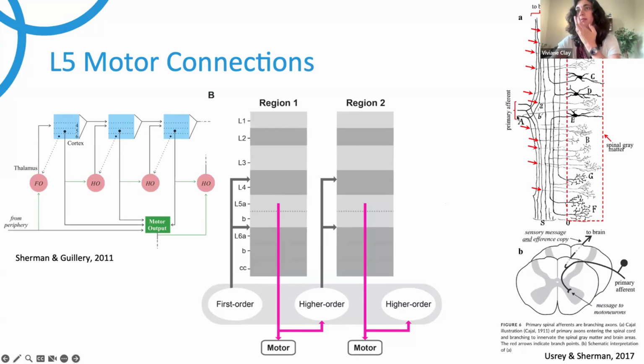Basically you have these axons that then split in two at these points that are marked with red arrows. One part goes to the spine, and another part goes up to the brain, to neocortex.